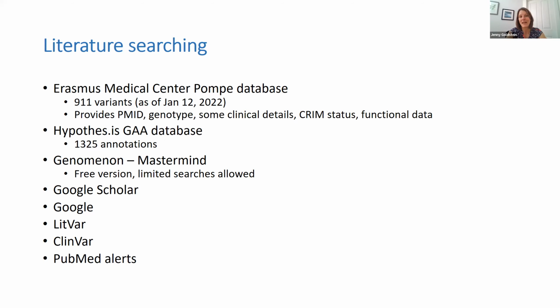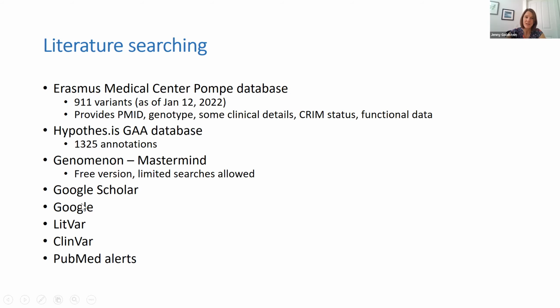It's not a full annotation of the literature, but we would always check that as well, and it's a very useful resource. Personally, I really like Mastermind from Genomenon. The unfortunate thing is for the free version, you only have limited searches, but I do like that it will typically find at least most of the literature. Sometimes it can be non-specific, but I do like this resource.